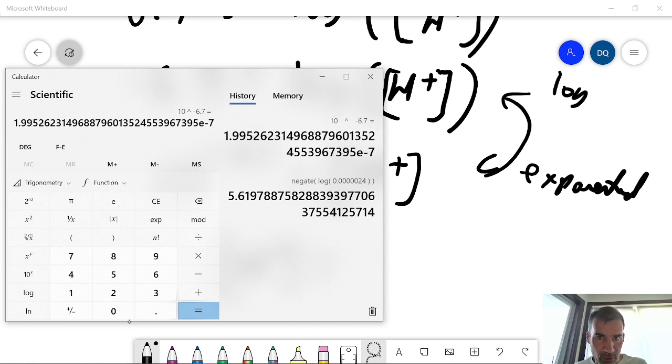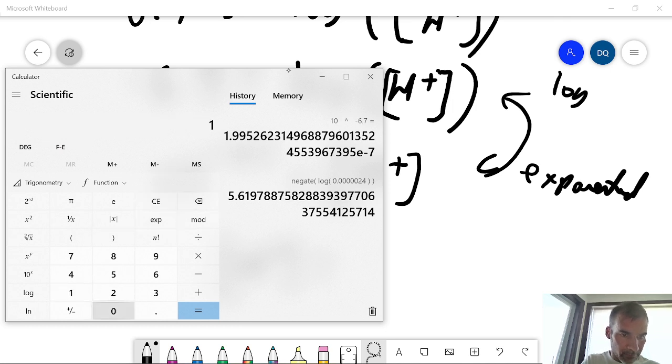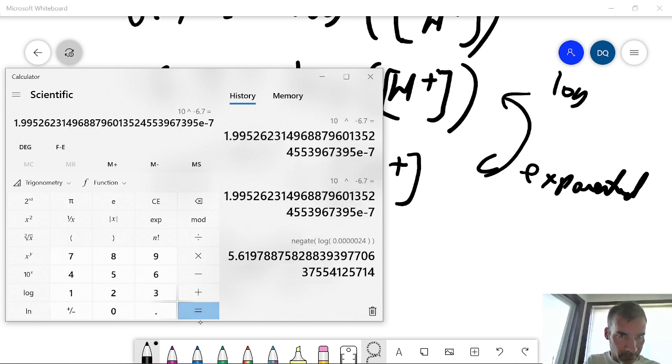and that gives you 1.995 times 10 to the negative 7.